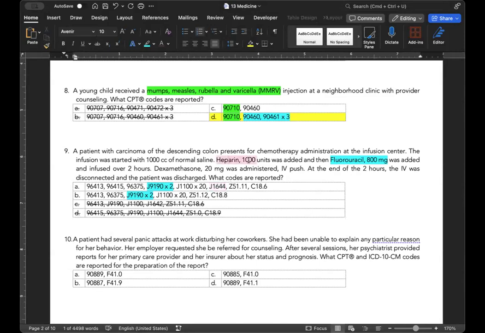So we have heparin 1,000 units, which means that we should use our J1644, and we have our answer. Okay. Any questions on that one?